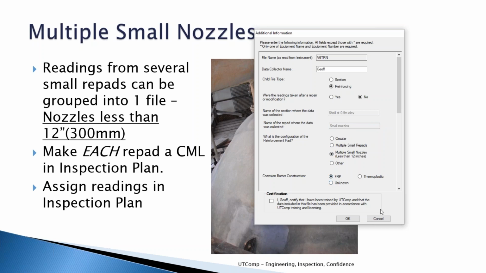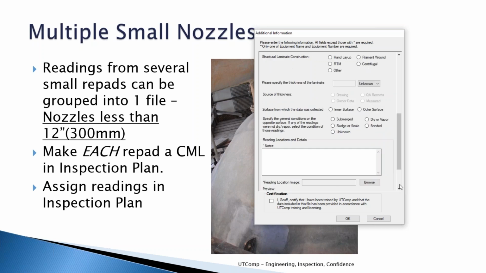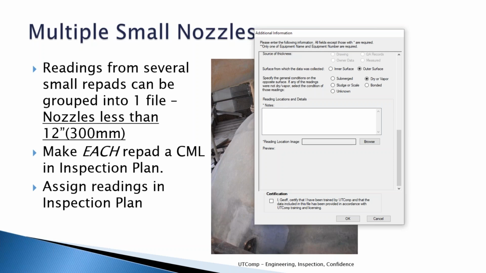The corrosion barrier construction is FRP. It's hand layup. I don't know how thick the laminate is. We took the readings from the outer surface. Tank was empty when we did it, and I don't have any particular information to add in the reading locations and details, but in fact, we'll be able to add them into the inspection plan. So we have to keep track of them when we do it.